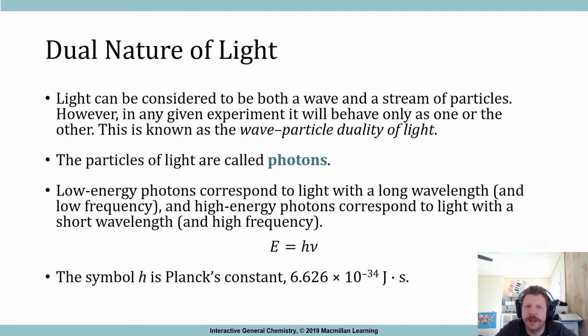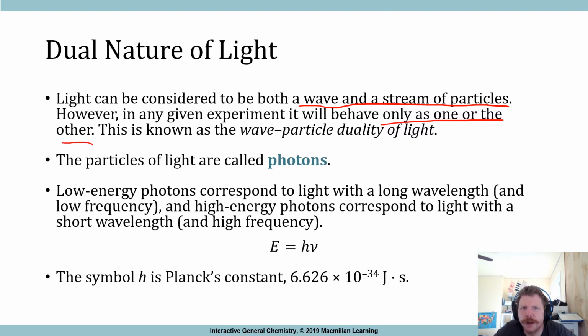Now, this dual nature of light, its ability to act as a wave and a particle, means it can be both a wave and a stream of particles. However, in any given experiment, it will behave only as one or the other.